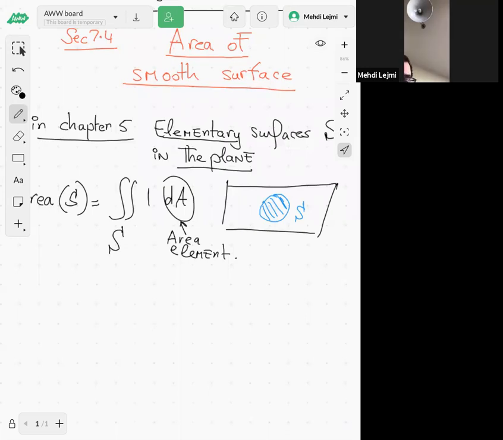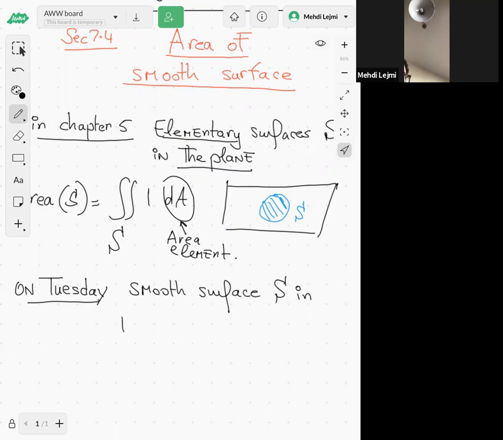So on Tuesday we had a smooth surface in space. It's not necessarily just in the plane. In space, it means that we now have x, y, z axes, the coordinates.